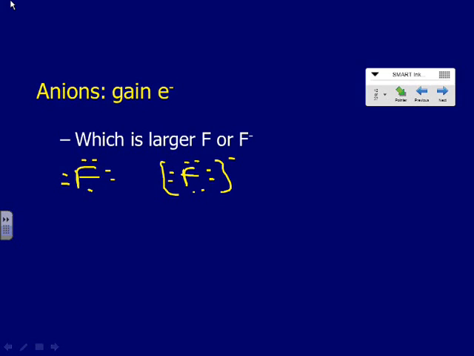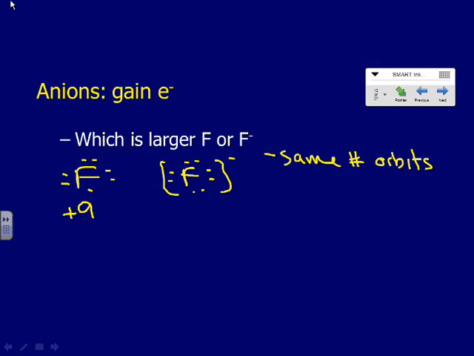So I cannot use this argument here because it hasn't gained or lost any orbits, right? Same number of orbits. How many protons are in the nucleus of a fluorine atom? 9 protons.